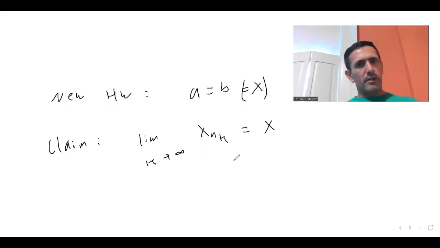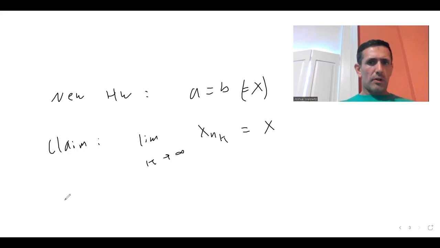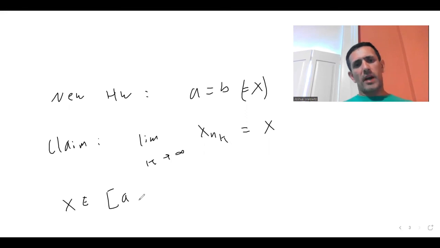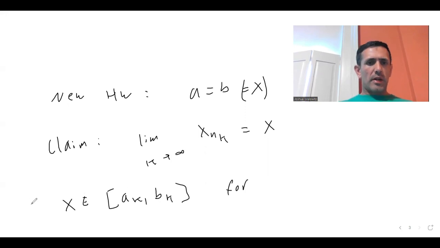Why is that? Well, x is in each of these intervals. Not just x, but x_{n_k}, and x is in I_k for each k. So it's in [a_k, b_k] for all natural numbers k.